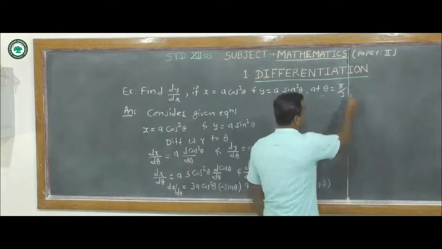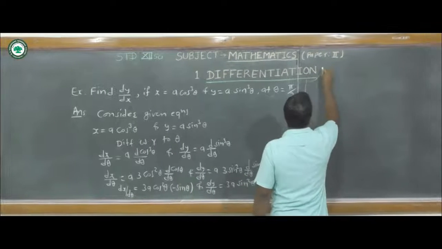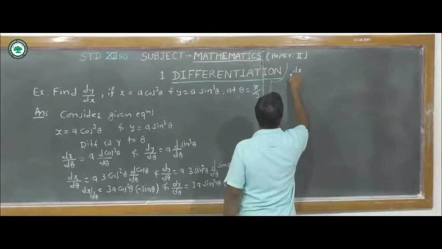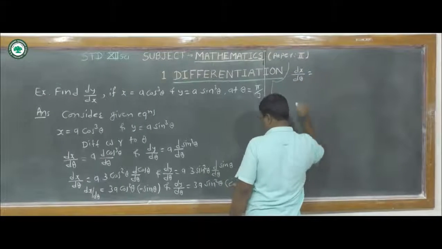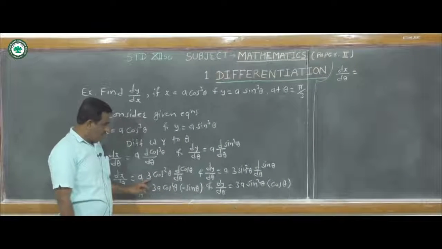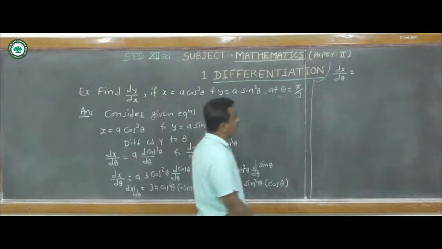That is, we write here dx by d theta is equal to minus 3a into sin theta into cos square theta.